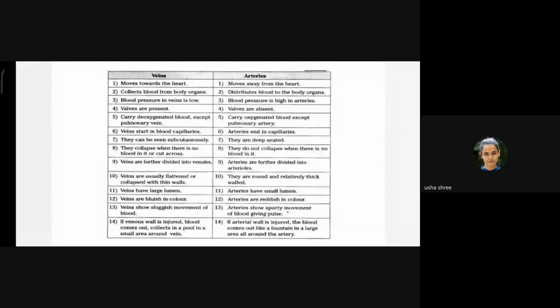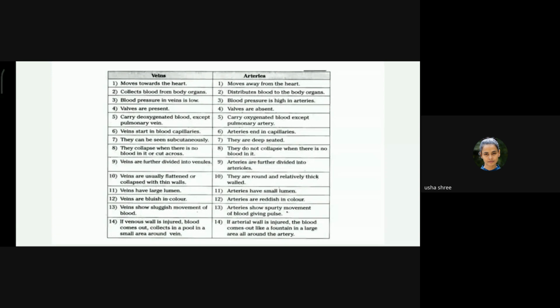The main difference is veins move towards the heart, arteries move away from the heart. And other differences: veins collect blood from body organs, but arteries distribute the blood to body organs. Blood pressure in veins is low.